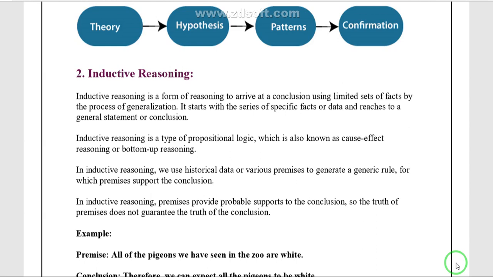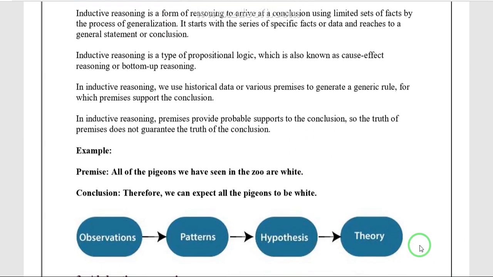So we take various different types of premises for the generic rule and provide probable support to the conclusion. For the conclusion we have to make premises to provide probable support.